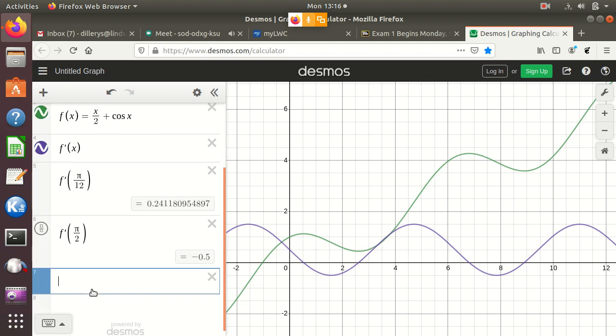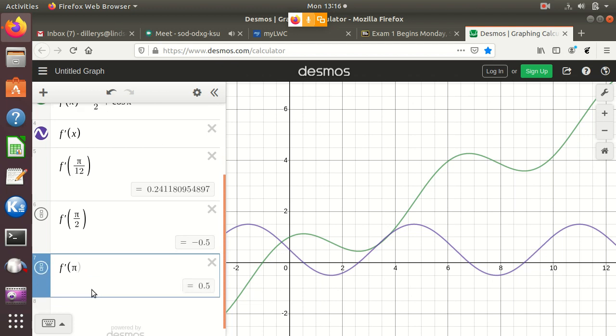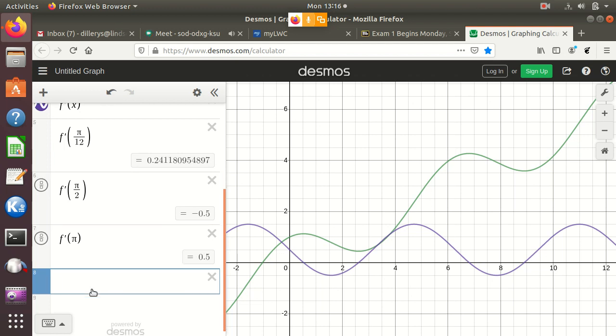And then finally, I could go out here to f prime of pi, maybe, and I get 1/2. And so, for each of these intervals, what did I have? I had positive and then negative and then positive. So this was increasing, this one was decreasing, that one was increasing.